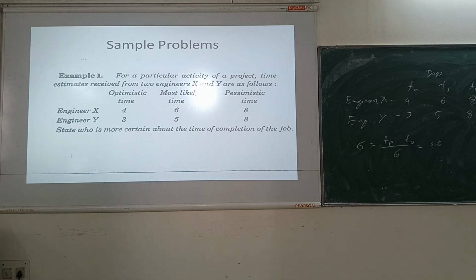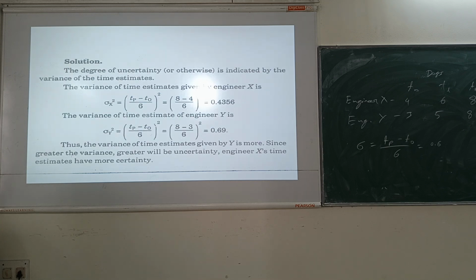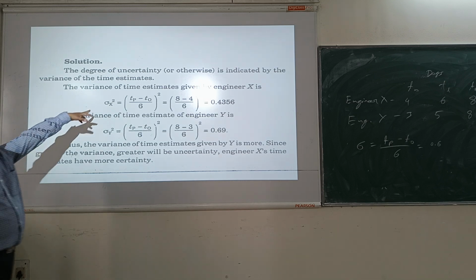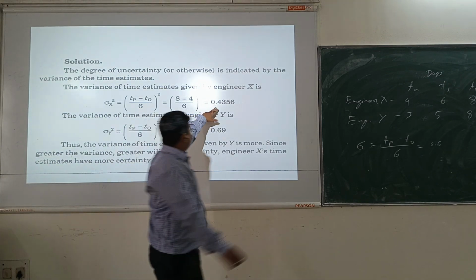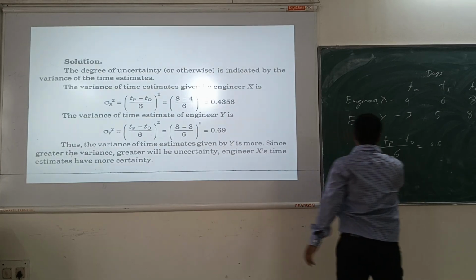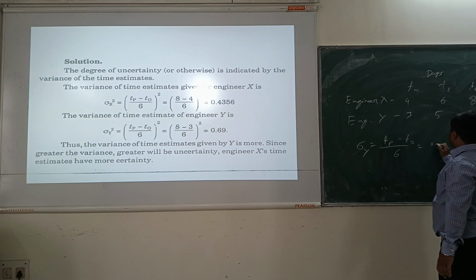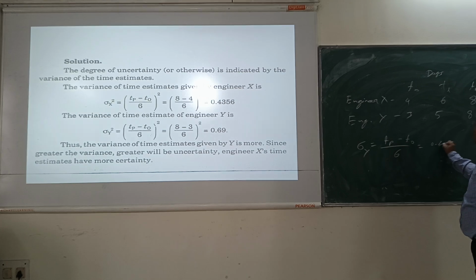Which engineer is more certain, X or Y? What value is coming? The variance value for X, is it coming 0.4, is it coming 0.435?